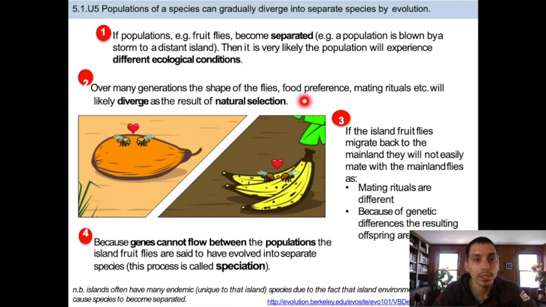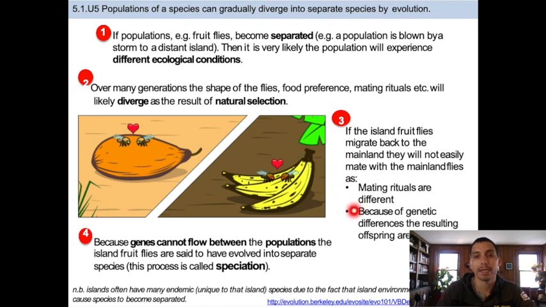Over many generations, the shape of the flies is likely to diverge just as a result of natural selection. Because they're exposed to different ecological conditions, different traits are going to be valuable to different populations, and so they're going to build up differences between the two.